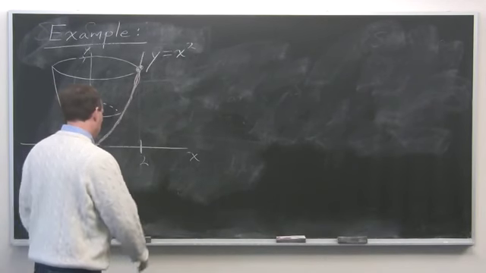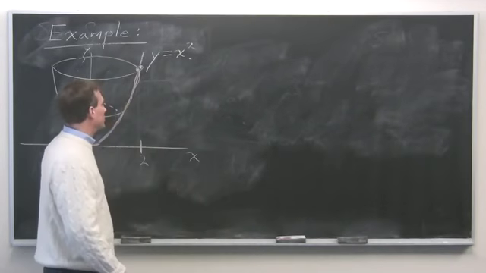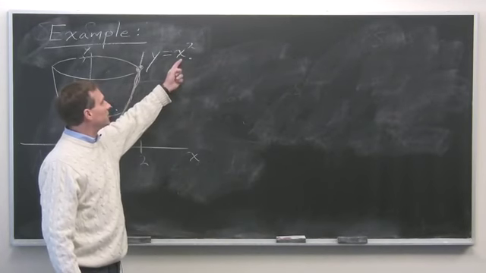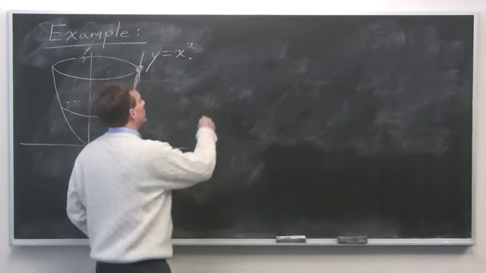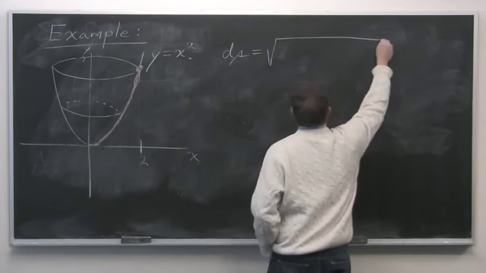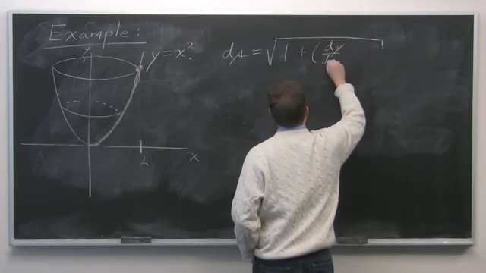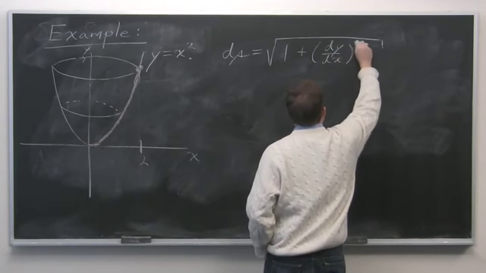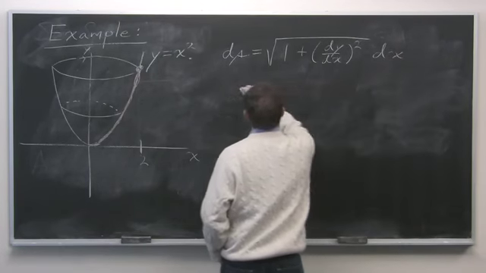Okay, you're given y as a function of x. It's true we could parameterize, but the parameterization we'd pick would probably just be the obvious one, x equals t, y equals t squared. But we don't need to do that. We know that if we do that, what we get is the formula for a little piece of arc length, in this case, is this.